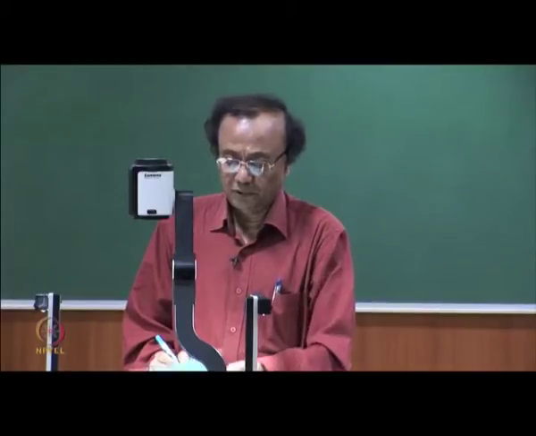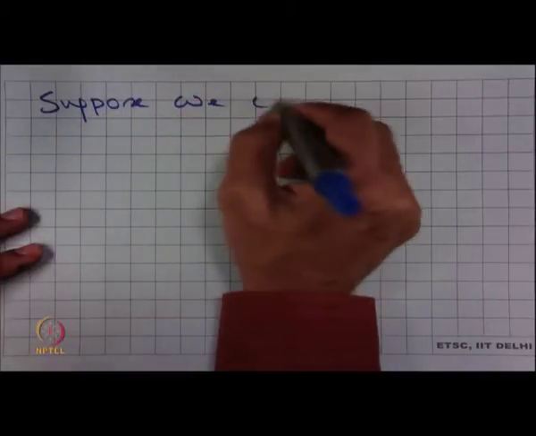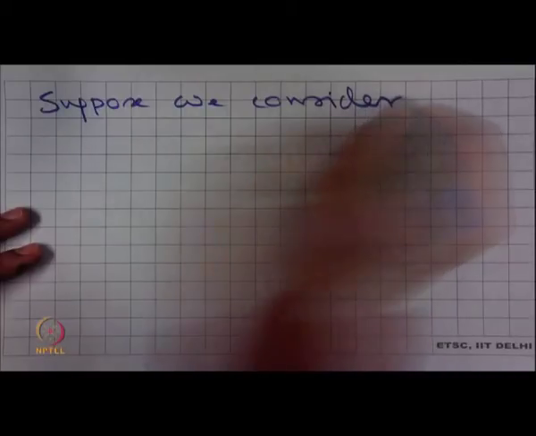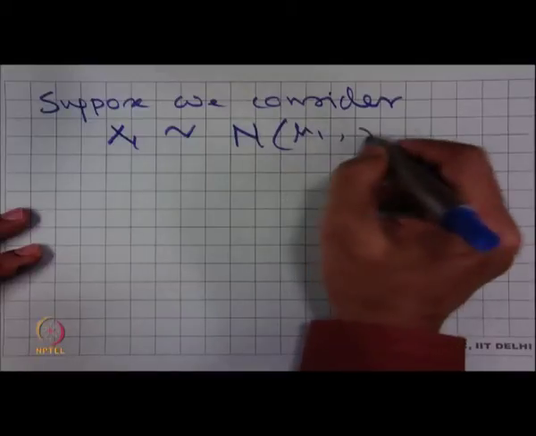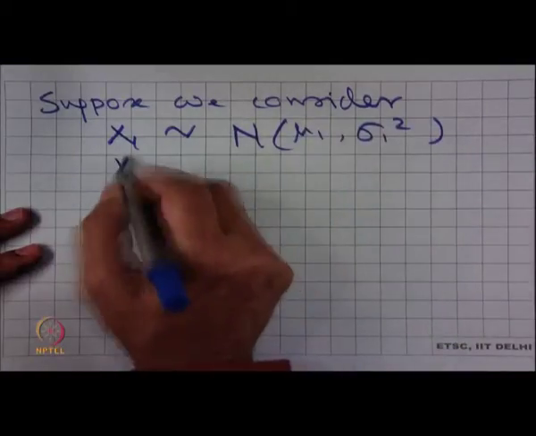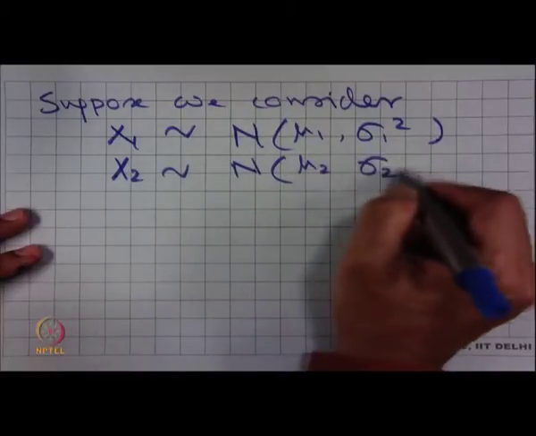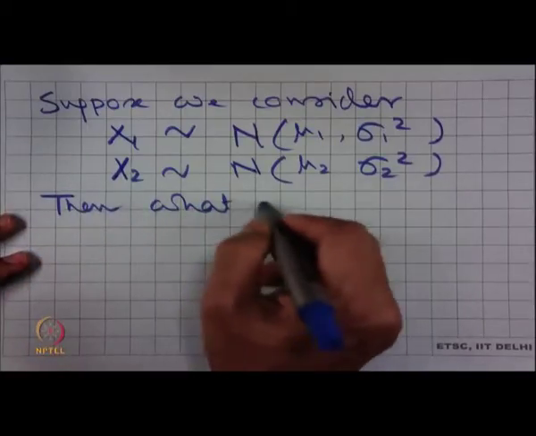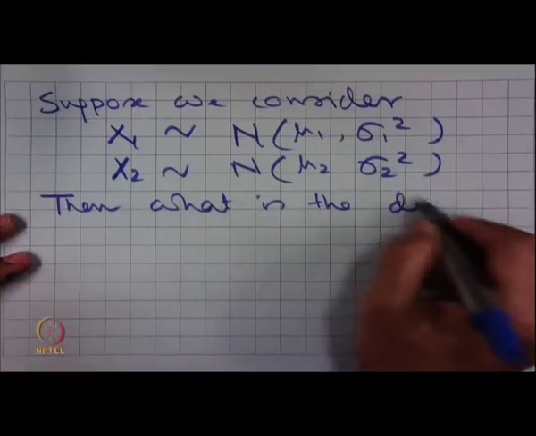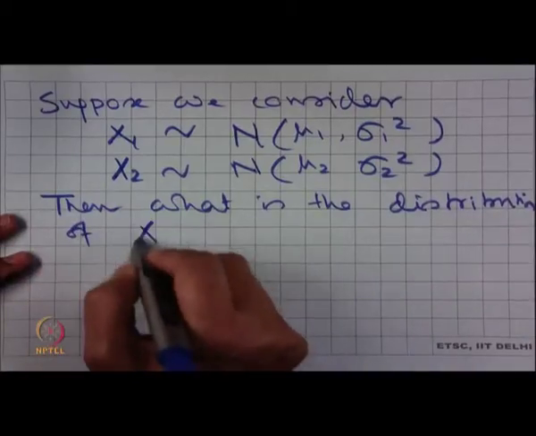We can even elaborate it further. Suppose we consider x 1 to be normal with mu 1 sigma 1 square, x 2 is normal with mu 2 sigma 2 square, then what is the distribution of x 1 plus x 2?